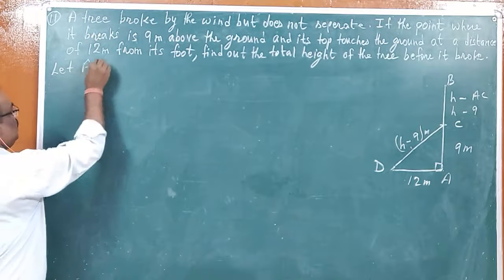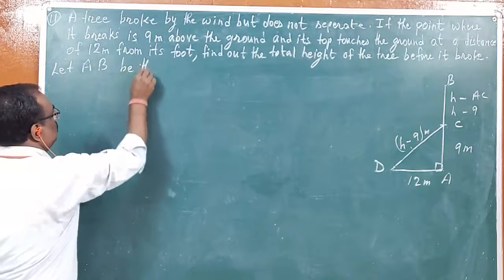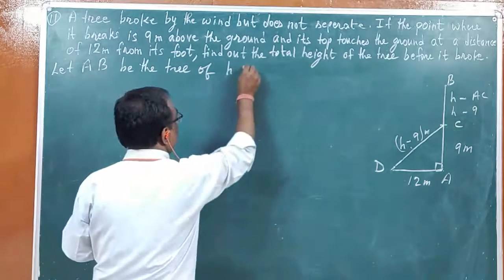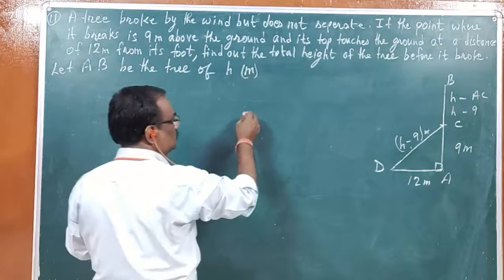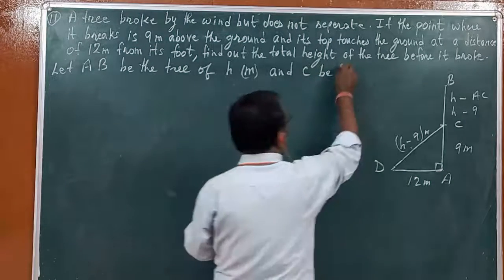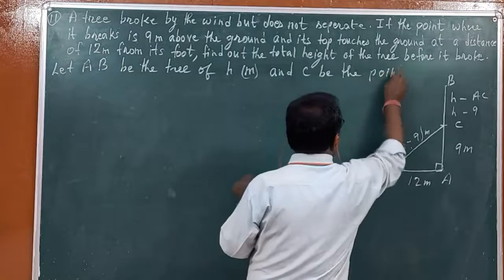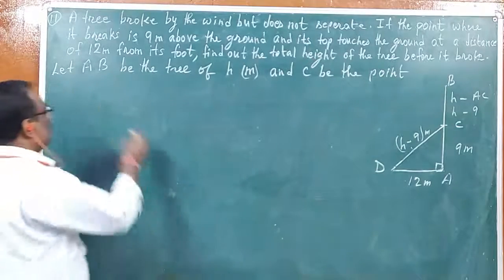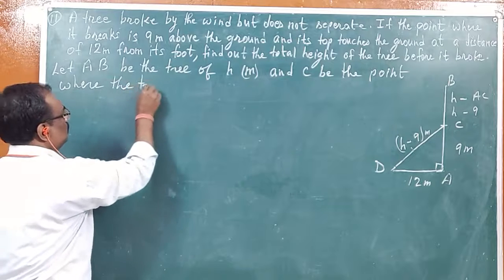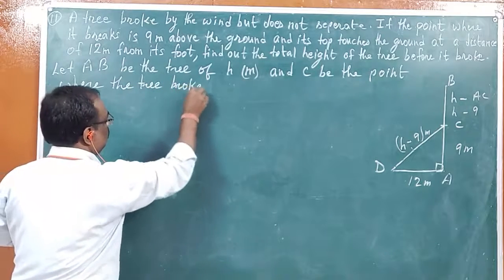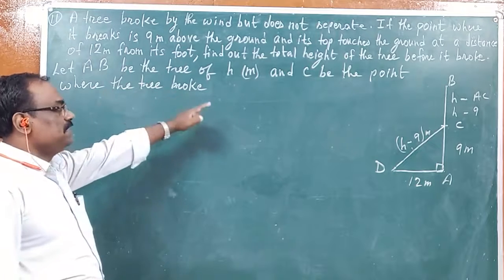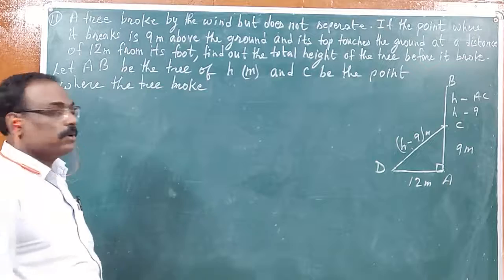Let AB be the tree of h meter and C be the point where the tree has broken. Okay, so this we have written.